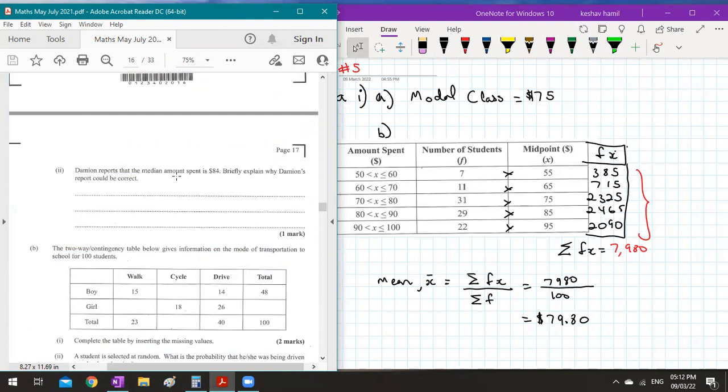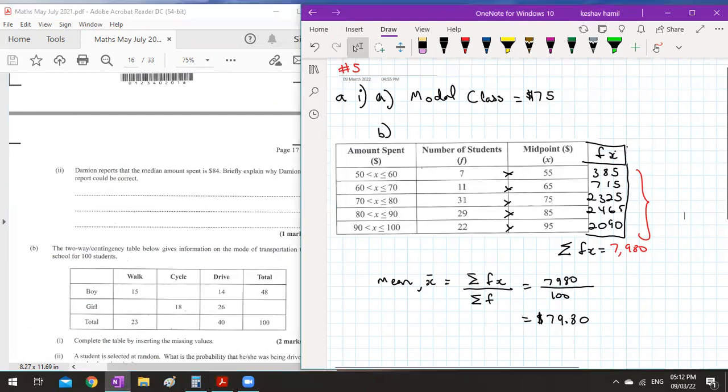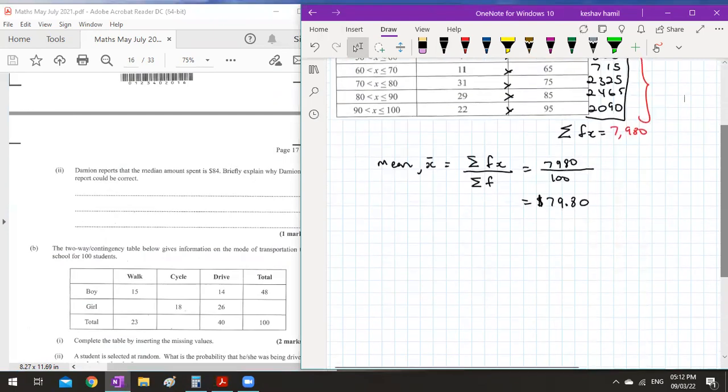Damien reports that the median amount spent is $84. Briefly explain why Damien's report could be correct. Now, you have to think about it like this. We have 100 students. Where would be the middle or the median mark?